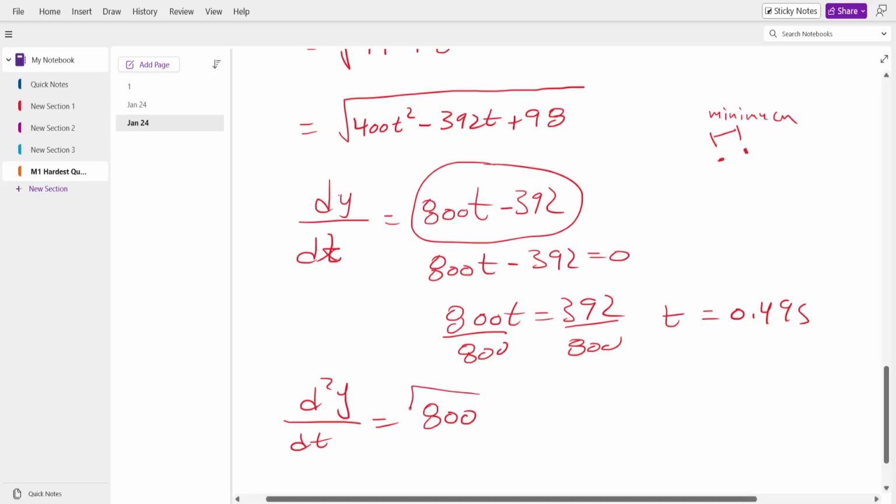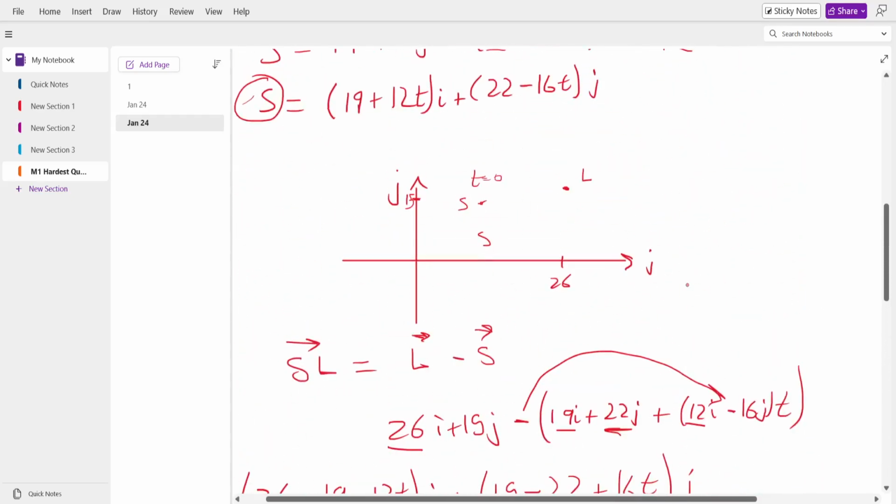Since here it's only one number with no ability to put a t in, it's basically saying that my second derivative is always positive. And I know when the second derivative is positive, it means that my values are a minimum. So I know that this time is where the distance is going to be minimum, and this is going to be my answer.